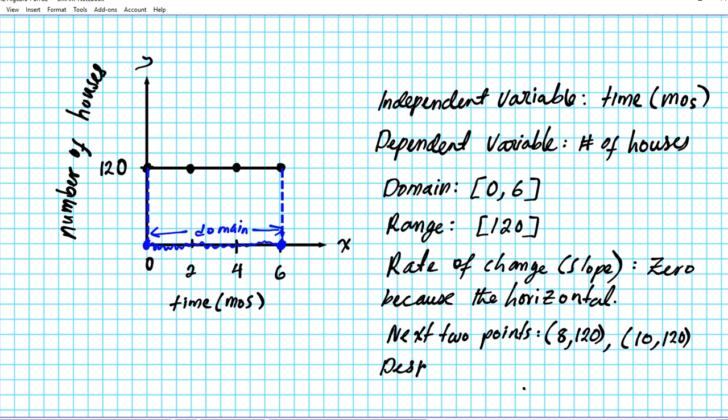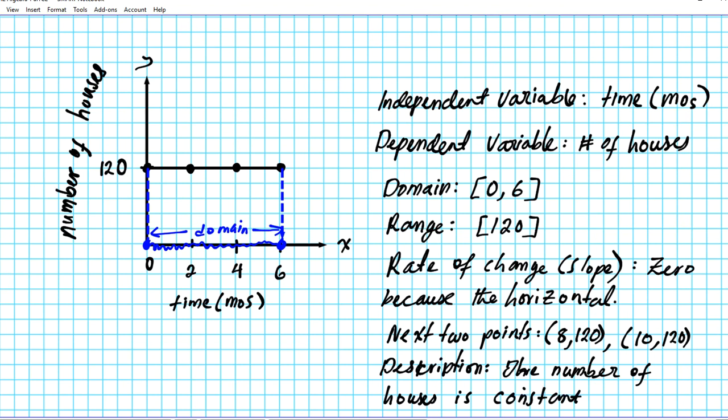All right, description. Let's describe what's going on with this graph. The number of houses is constant. Constant means does not change.